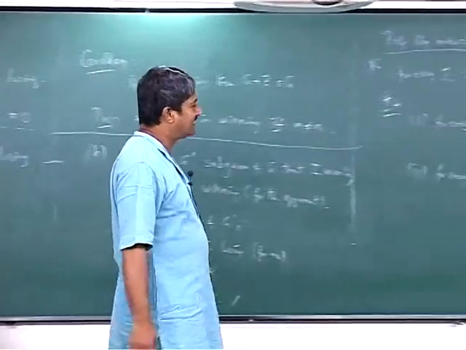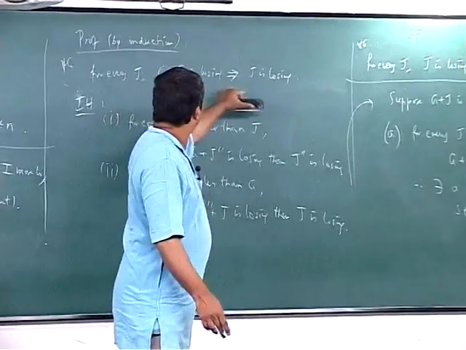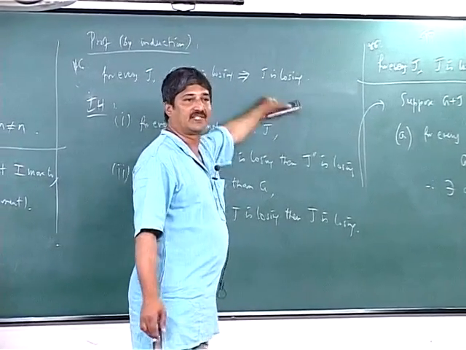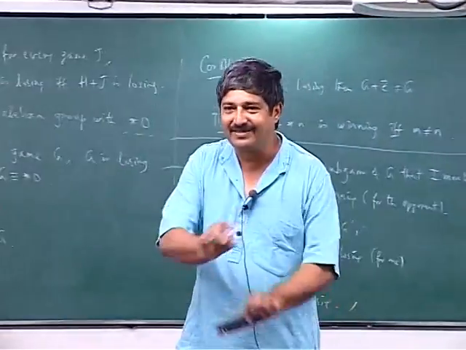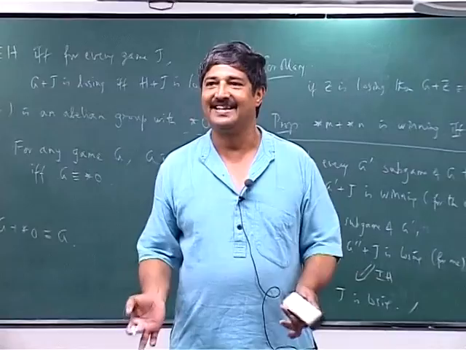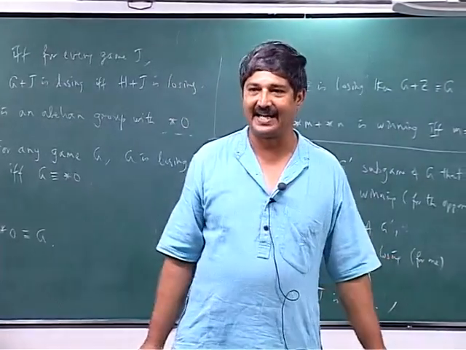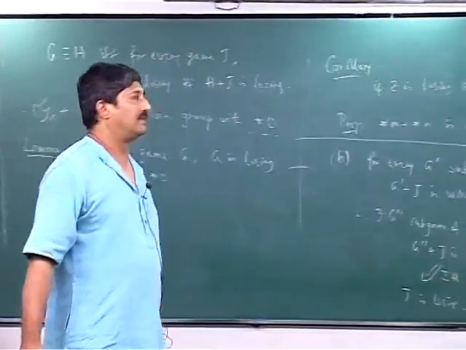So in both cases I have shown that if G plus J is losing, then J is losing. I am just going through the details. The idea is very clear, but it's better to write the steps.